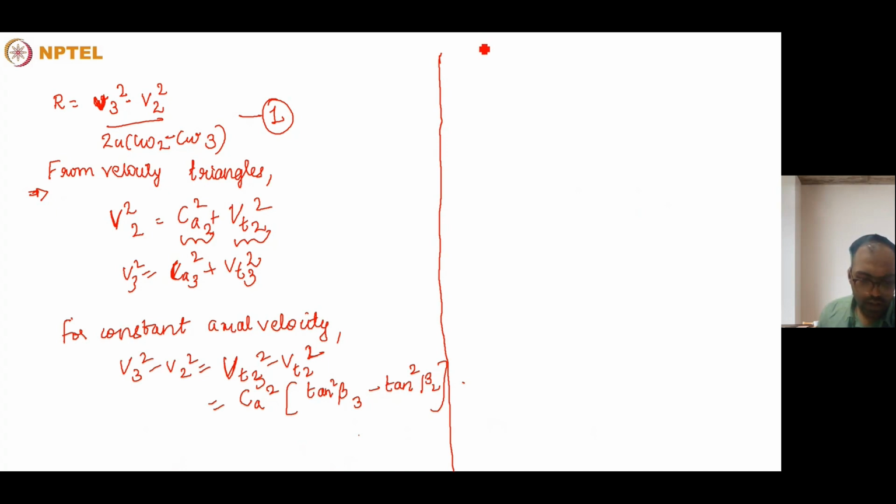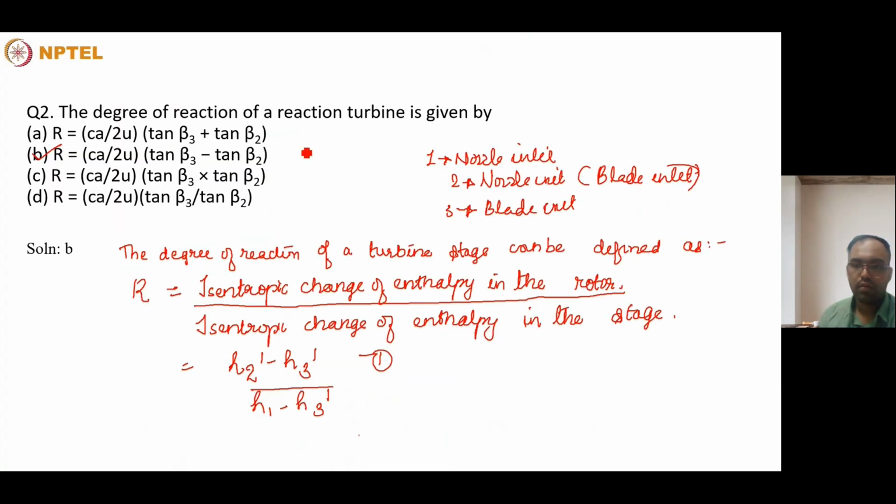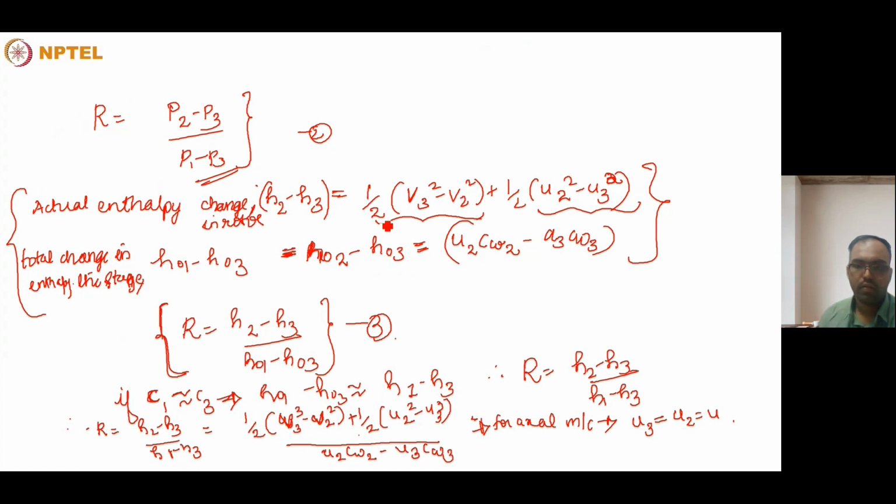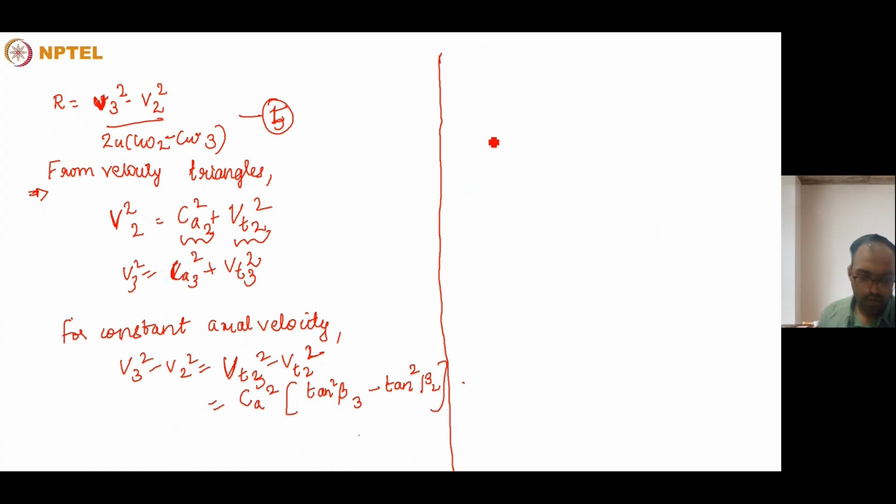Therefore, we can write from equation 4, V3 squared minus V2 squared.